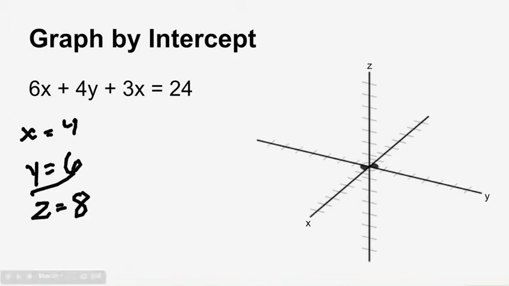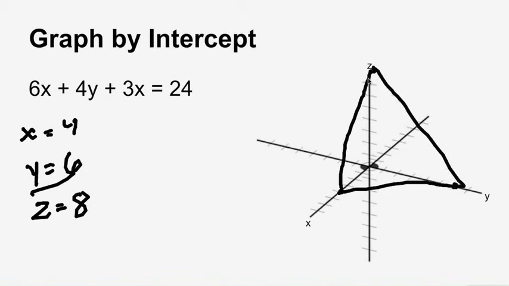So we can plot our points: x equals 4 right there, y equals 6, and z equals 8. It would give us the plane like that.